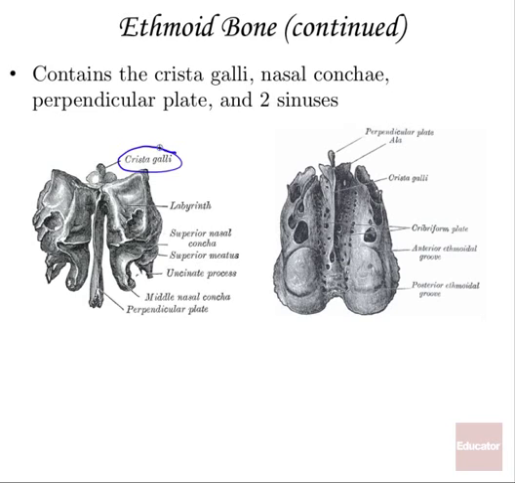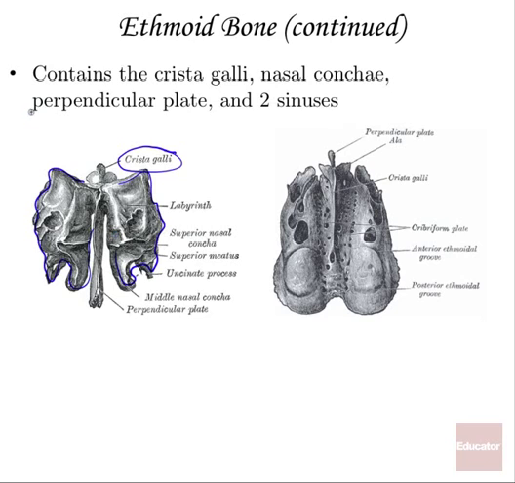The nasal conchae, these sections all in here are nasal conchae. Conch, like from Lord of the Flies, that particular shell, that spiral shell. Conchae, it's these caverns that are all twisting, making up those nasal cavity bones.